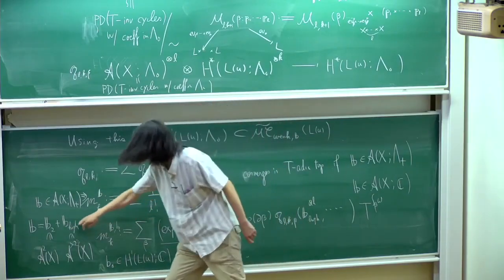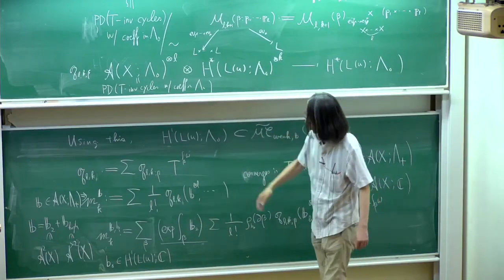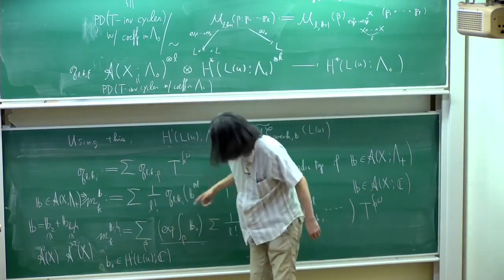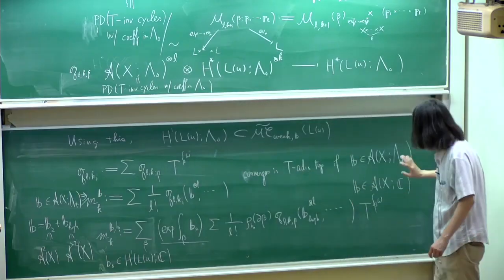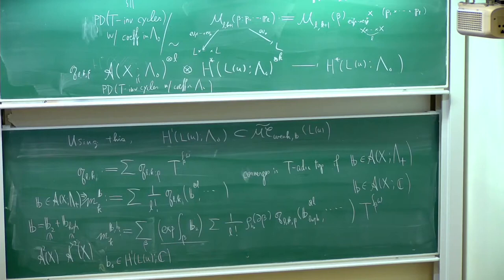And then for B high, we apply this. And for B2, we just put this factor in front. And then from here, we can define these infinity operators. So this is our bulk definition.